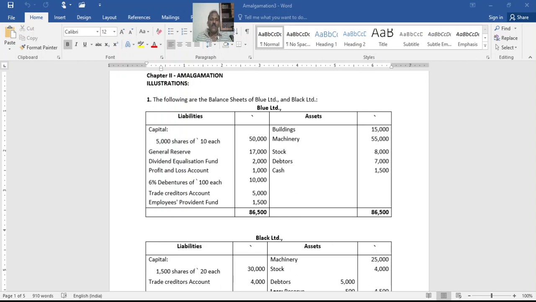Dividend equalization fund 2,000. Profit and loss account 1,000. 6% debentures of 100 each, 10,000. Trade creditors 5,000. Employee provident fund 1,500. Buildings 15,000, machinery 55,000, stock 8,000, debtors 7,000, cash 1,500. Total of the balance sheet 86,500.